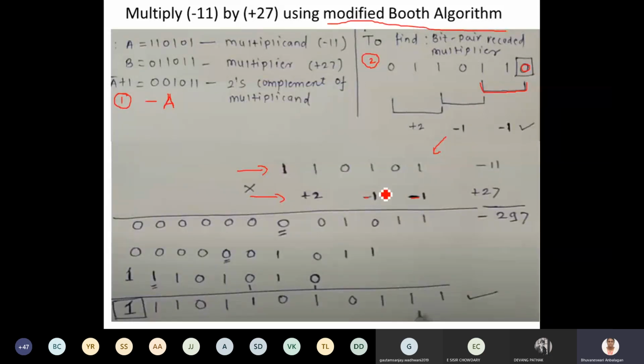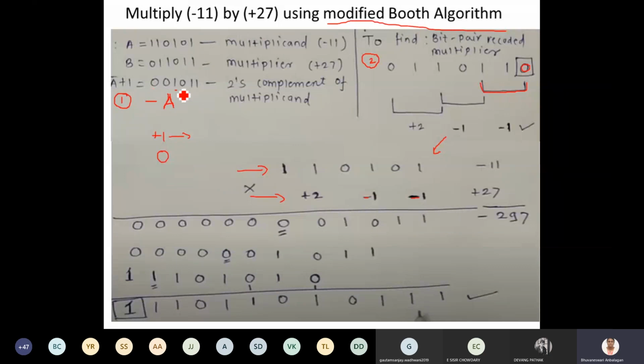Now if you are going to multiply with plus 1 or 0, what will happen? If you are multiplying by 1, the value will come as it is, the multiplicand, and you can write it over here. If it is 0, you have to make all the bits 0. But if it is minus 1, you have to take the 2's complement of the multiplicand.